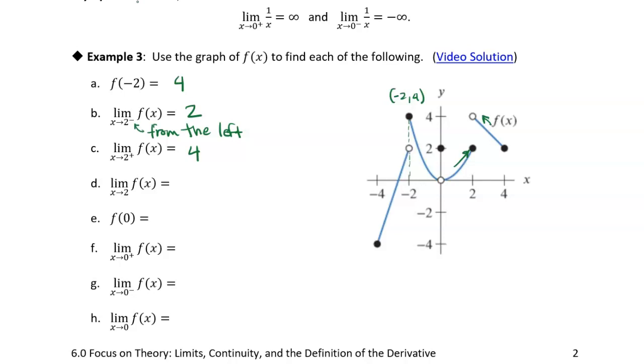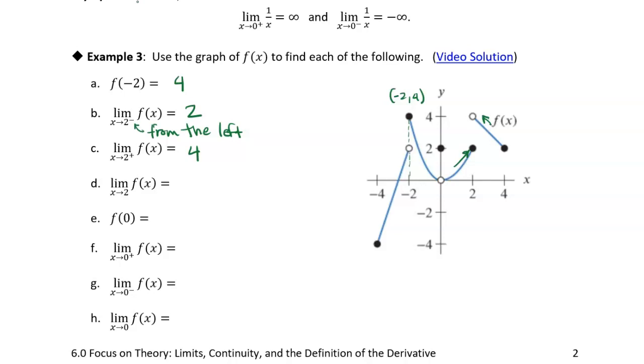All right. So what does that mean for the limit as x approaches 2? If you remember our definition, the limit as x approaches c of f of x is equal to some value L if it approaches the same value from either side.